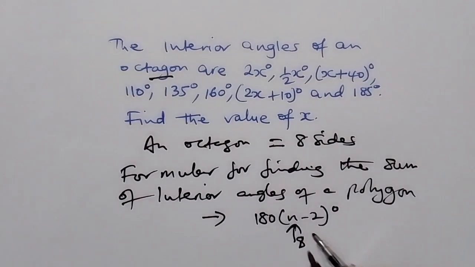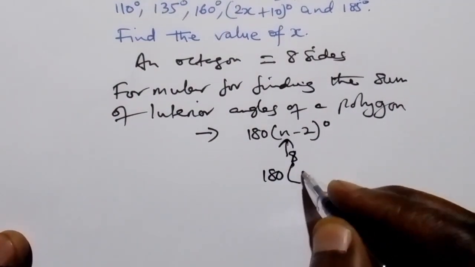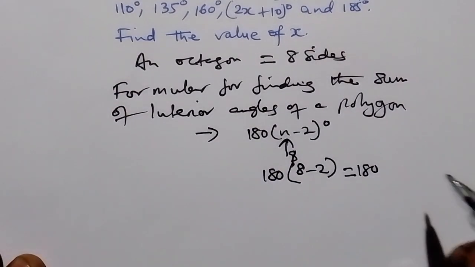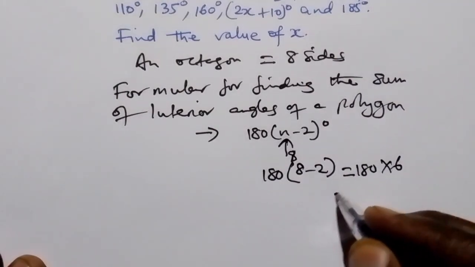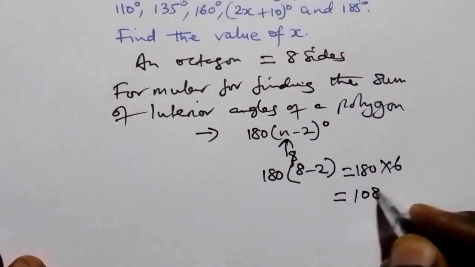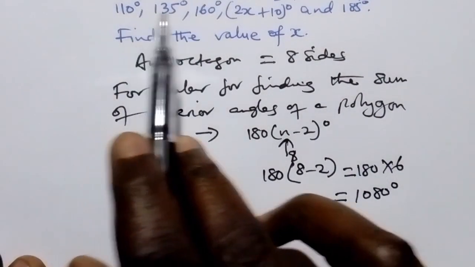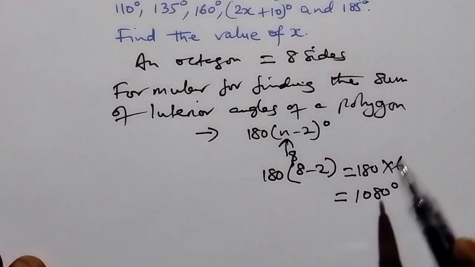N represents the number of sides, and an octagon has 8 sides. So 180 into bracket 8 minus 2 is 180 times 6, which is equal to 1080 degrees.